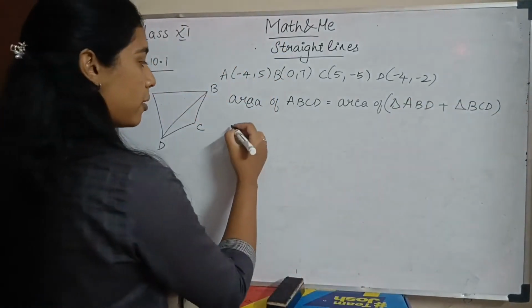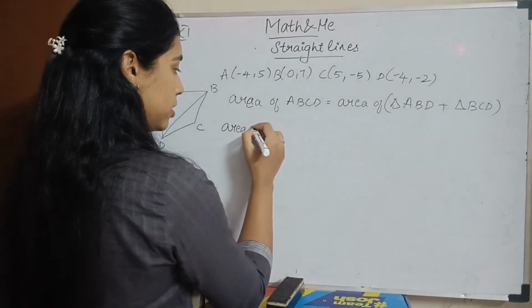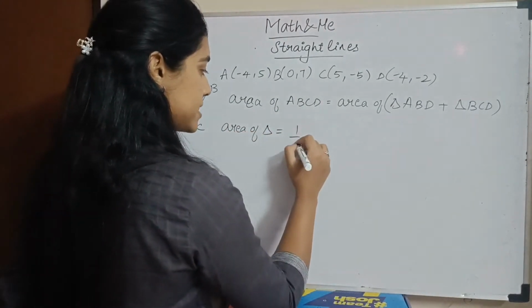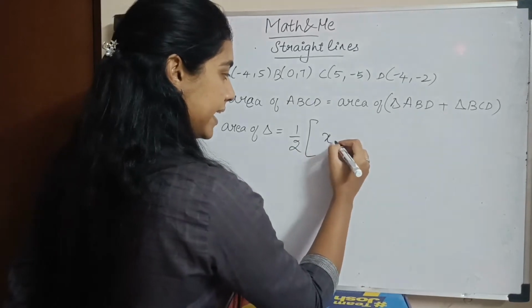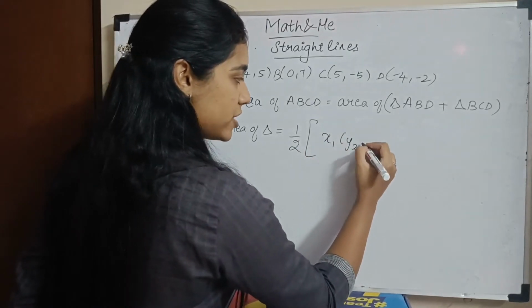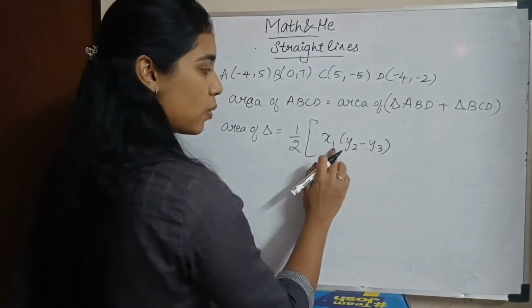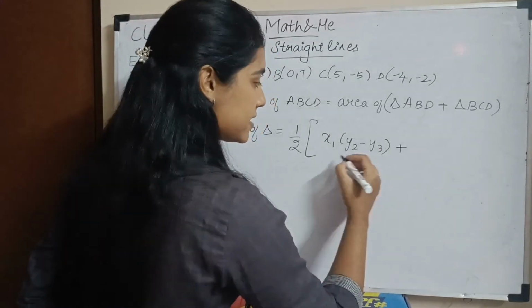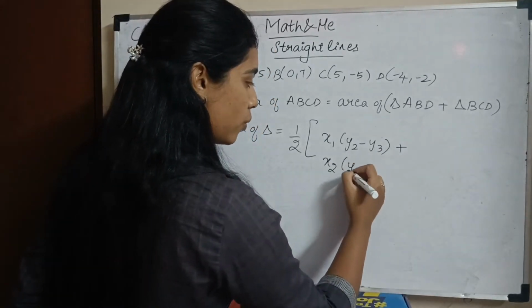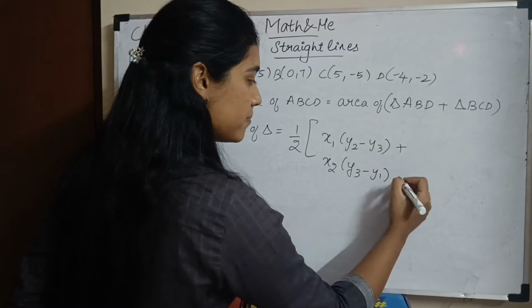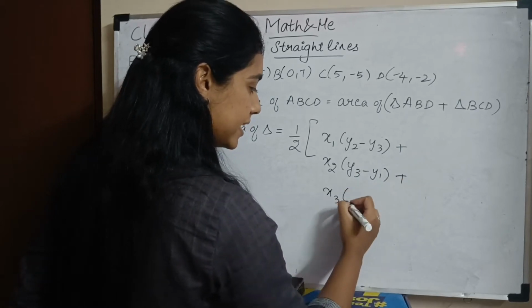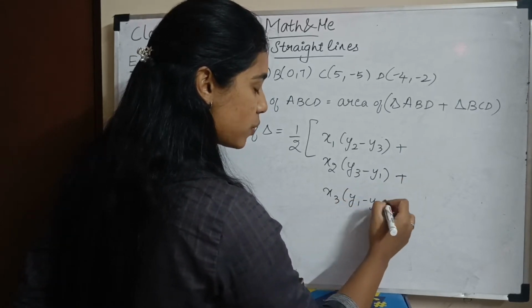We use the formula area of triangle equals half times x1 (y2 minus y3) plus x2 (y3 minus y1) plus x3 (y1 minus y2).